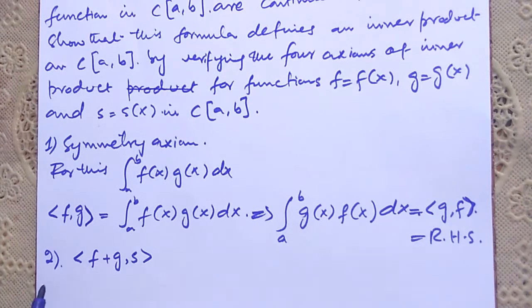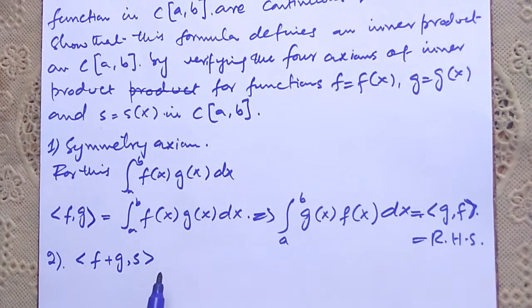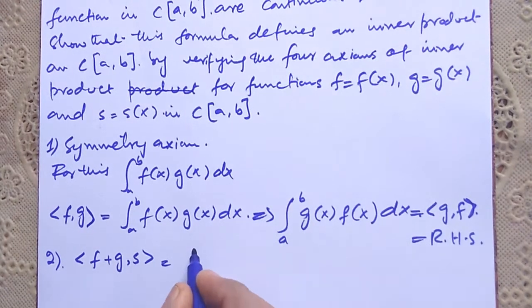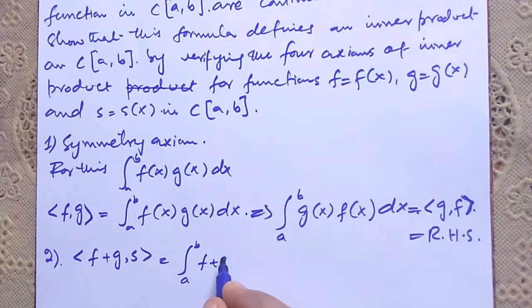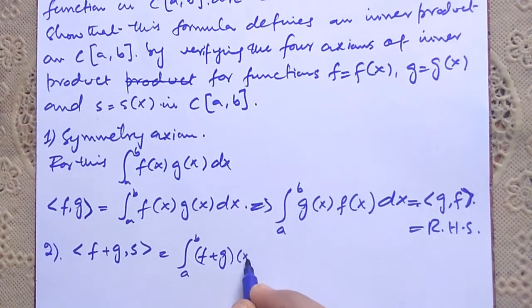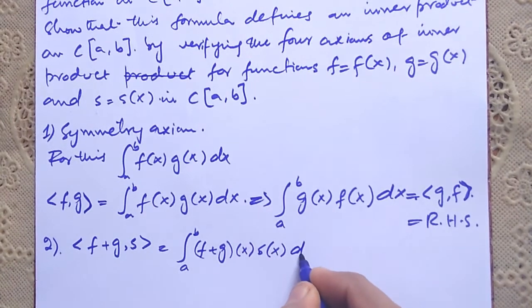Now the second axiom is the additivity axiom, and for this we will take the integral of the product of f plus g and s. So it will be integral from a to b of f plus g of x times s of x dx.